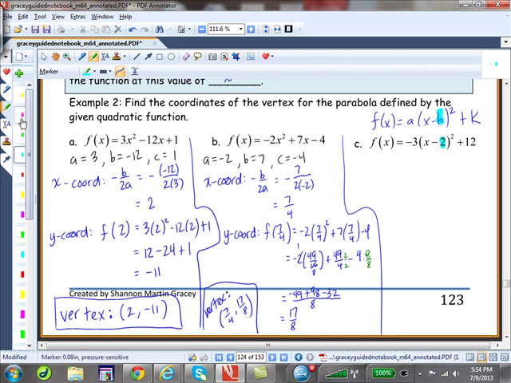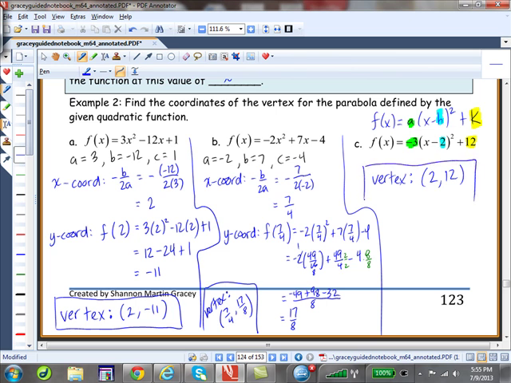That's my h. This guy is my a. And then this guy is my k. So the vertex will be at positive 2, my bad, it's the number that comes after the minus, comma 12. All right.